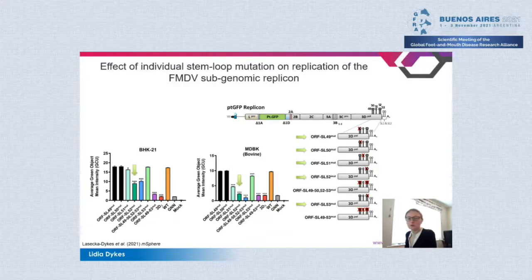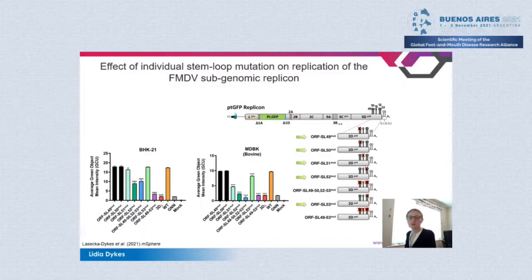The SL52 mutant showed a significantly reduced replication in both cell lines, with replication levels in bovine cells resembling the GNN replicon. While in BHK cells, the SL53 mutant showed replication levels similar to the wild-type replicon, in the bovine cells its replication was significantly reduced.